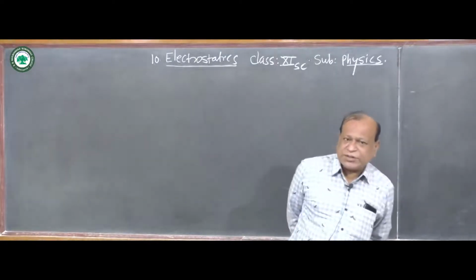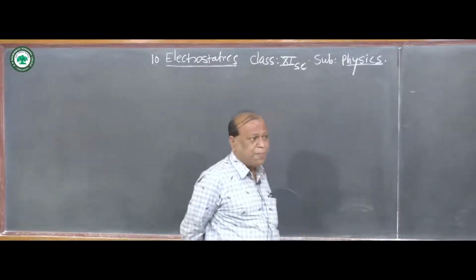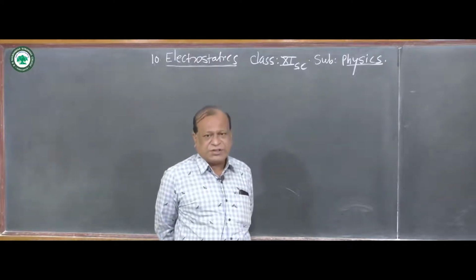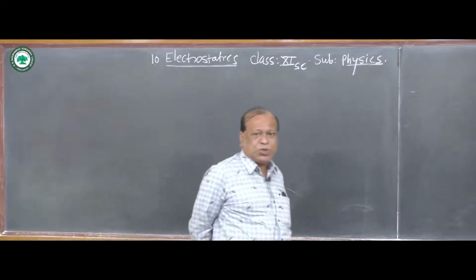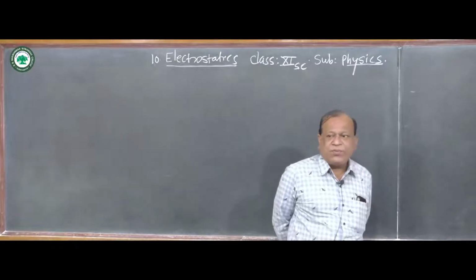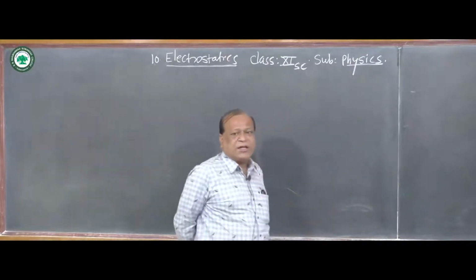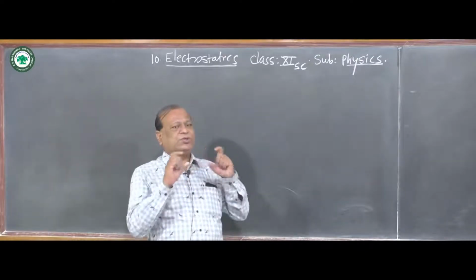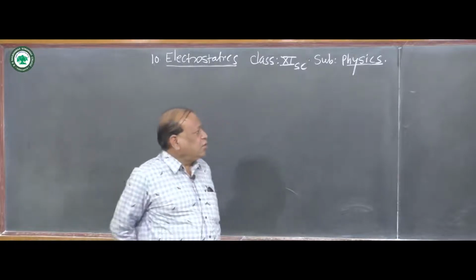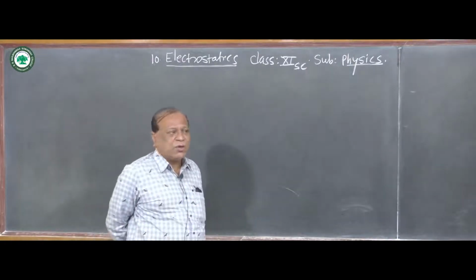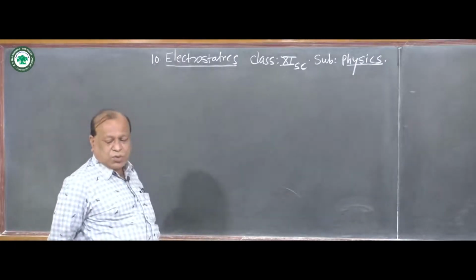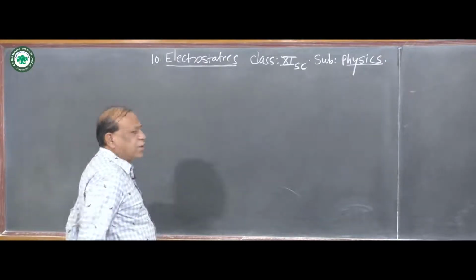The force of attraction or repulsion between two point charges at rest is directly proportional to the product of the magnitudes of the charges and inversely proportional to the square of the distance between them. And then we also explained this Coulomb's law in scalar form. Now today we are going to study Coulomb's law in vector form.